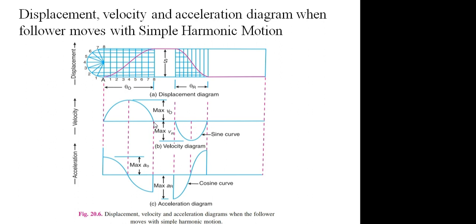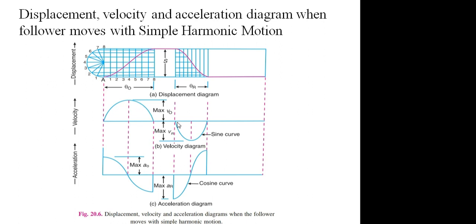Suppose the magnitude is 100 mm per second for this VO max, and if you take the scale 1 centimeter equal to 20 mm per second, it is 100 divided by 20, you will get 5 centimeters. Mark here 5 centimeters and draw a smooth sine curve.